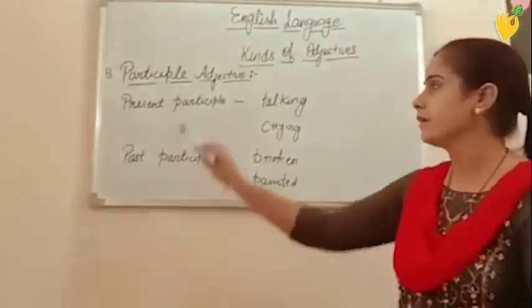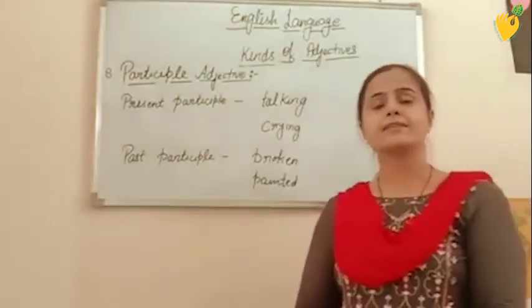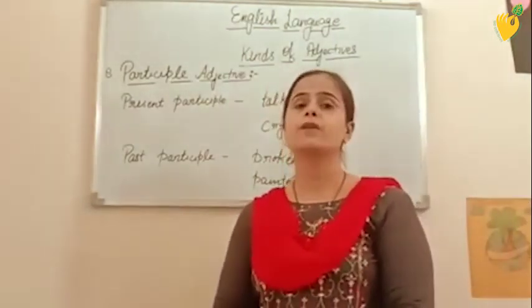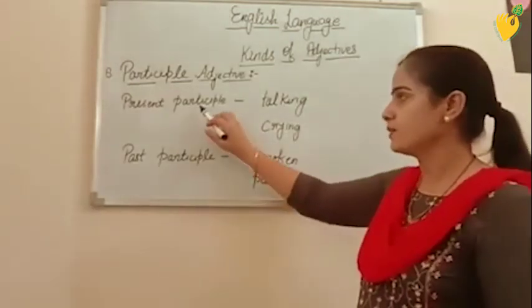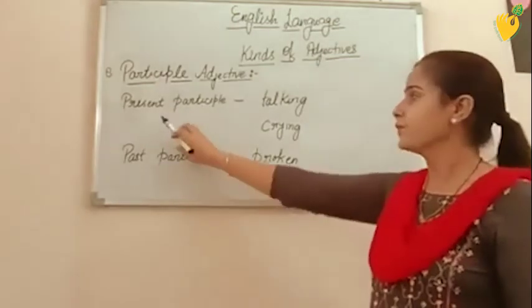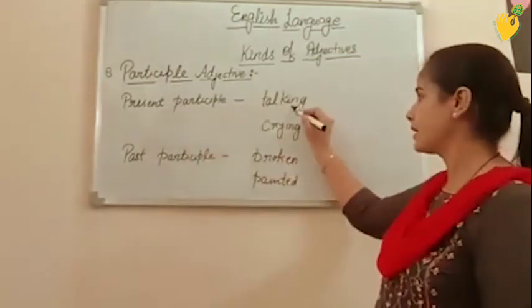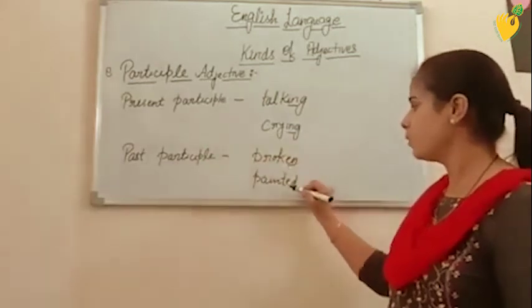Now students, the eighth one is participial adjectives. Participles are exactly verbs, but we use them as adjectives. We have two participles, present participle and past participle. Present participles end with ing and past participles end with en or ed.